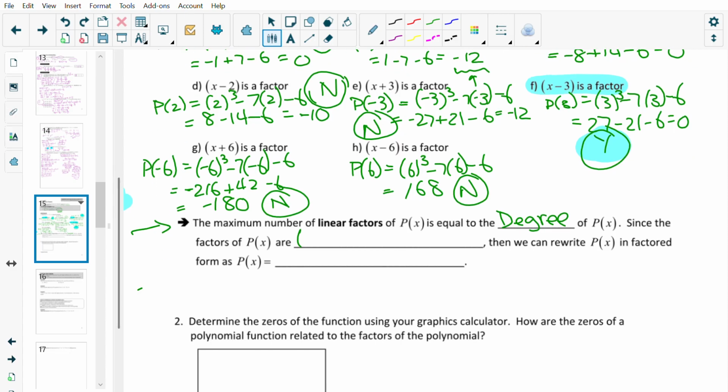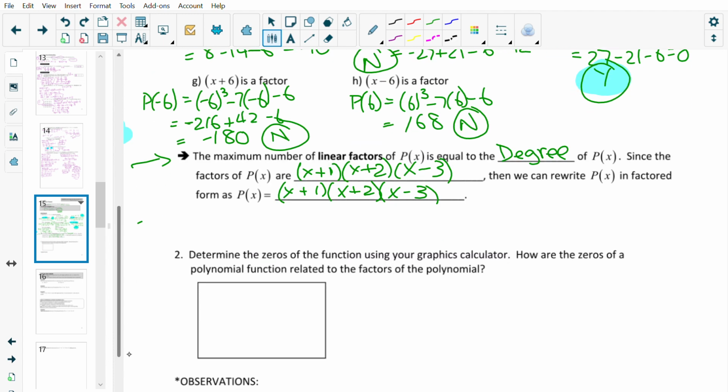Since the factors of p of x are x plus 1, x plus 2, and x minus 3, then we can rewrite p of x in factored form as p of x equals x plus 1 times x plus 2 times x minus 3.